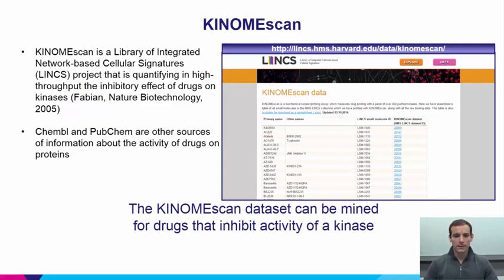There are other resources that also have this kind of data, which is providing information about the activity of drugs against proteins. The KINOMEscan data in particular can be accessed by going to this website shown in this slide. And this is a useful data set because we can search for drugs that inhibit the activity of a kinase or a group of kinases.